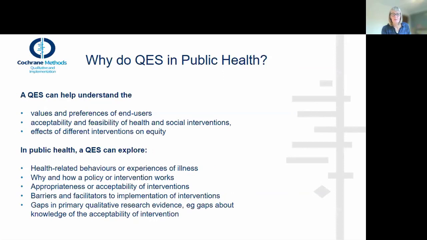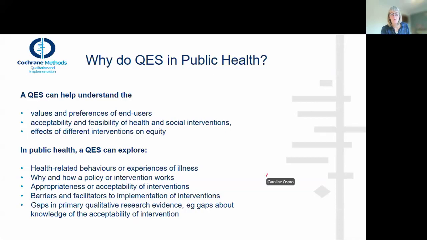So why qualitative evidence synthesis in public health? In general, any QES can help us understand what the values and preferences of end users are. And that's really quite important when we're designing interventions. It can really help us understand how acceptable something is and how feasible an intervention and health and social interventions can be when we're both planning them and when we're planning implementation as well, which is why we've got implementation in our methods group title.